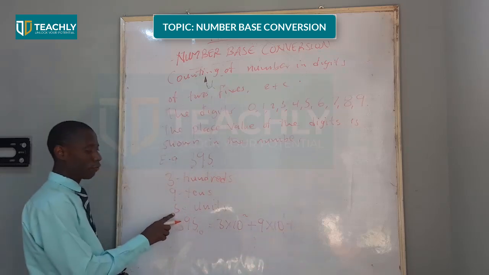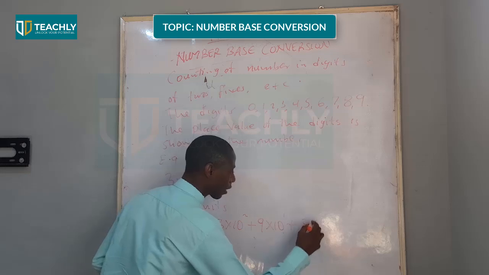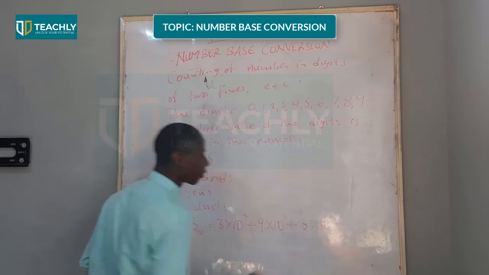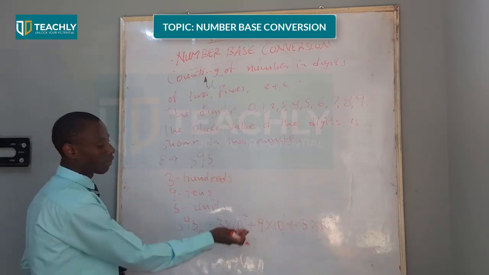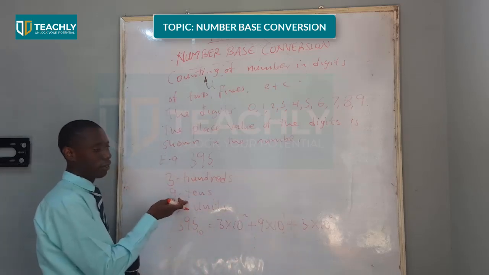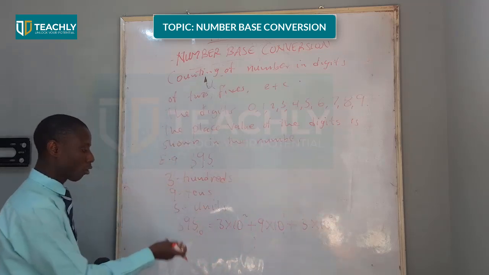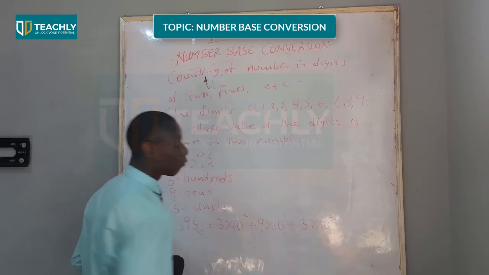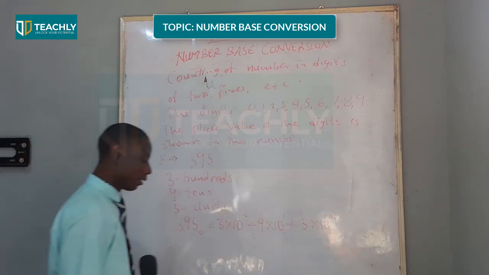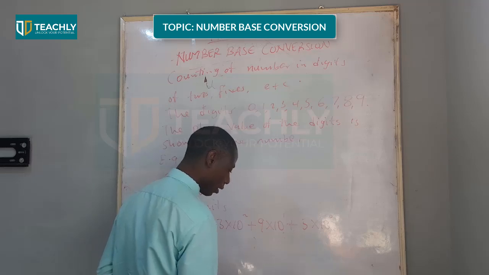This 5, since it's 5 units, can be expressed as 5 times 10 raised to the power 0. Because 10 squared here is the same thing as this 100, 10 raised to the power 1 is the same thing as this 10, and 10 raised to the power 0 is 1, the same thing as this unit. So it corresponds. This is the expanded form of expressing a number.